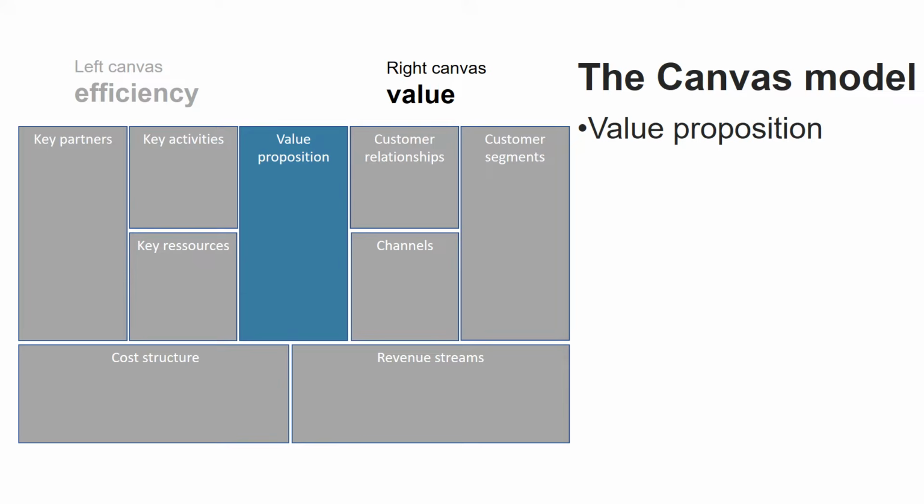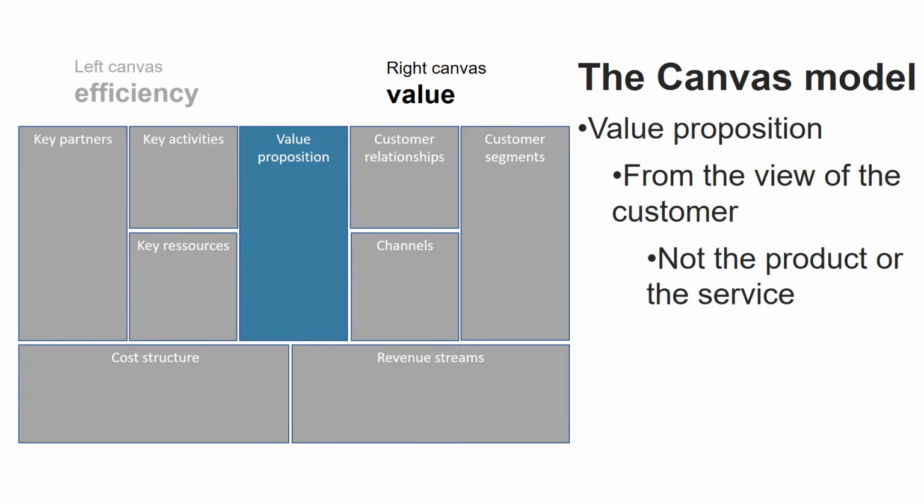It makes sense next to move on to the building block value proposition. The value proposition describes your offering from the view of the customer. It is about the value for the specific customer segment or customer segments you choose in the previous building block, not about the features of the product or the service.